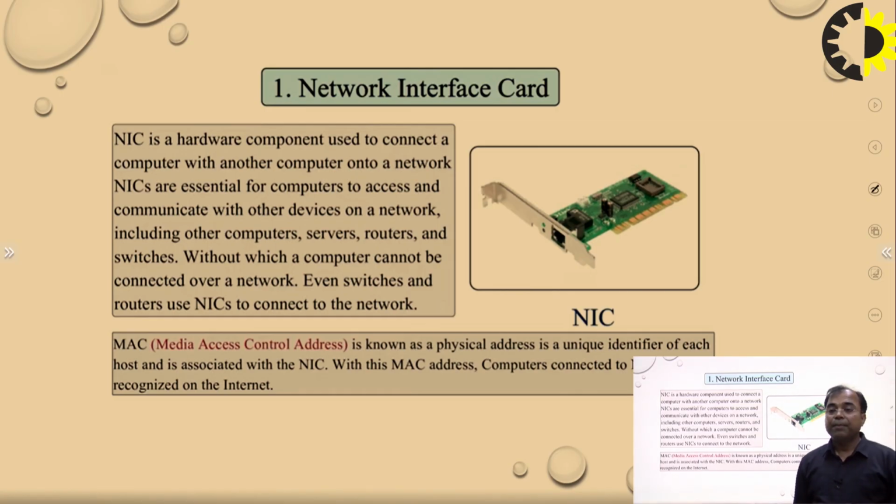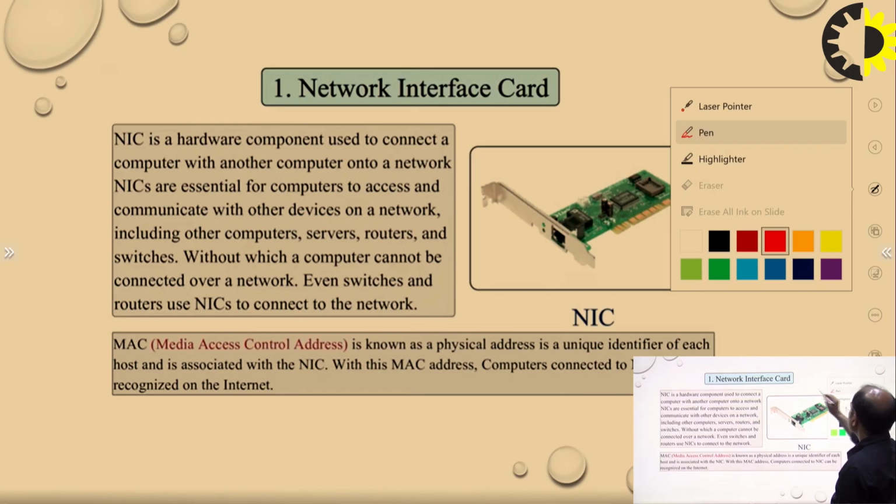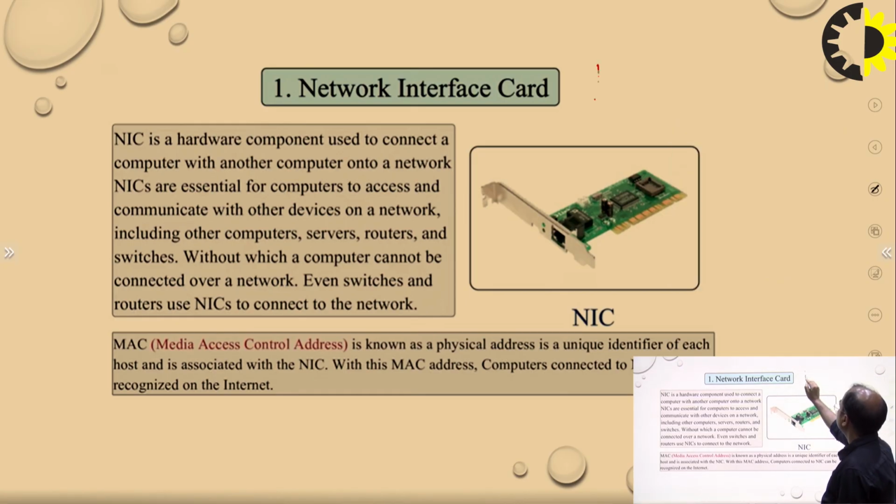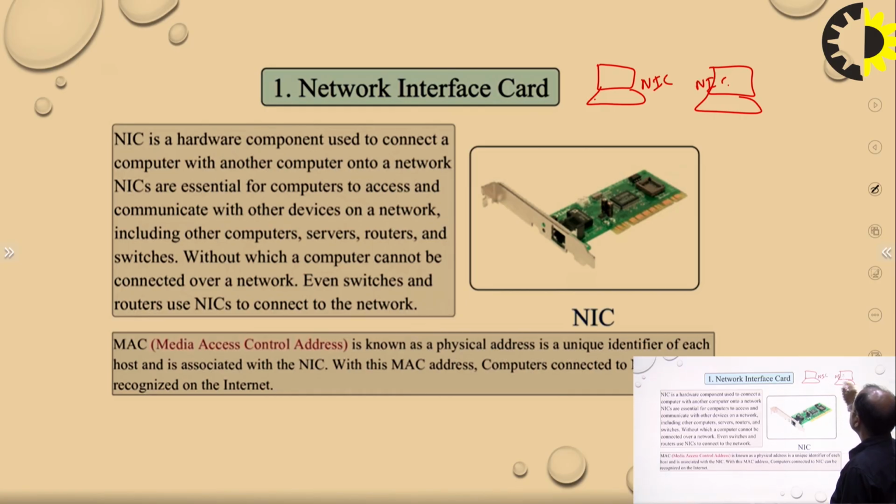Suppose we have two computers, computer 1 and computer 2. They are connected with the help of a NIC card on both devices. Only then is this medium connected with the NIC card.